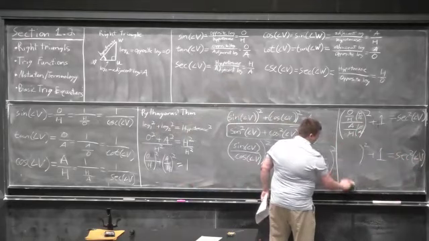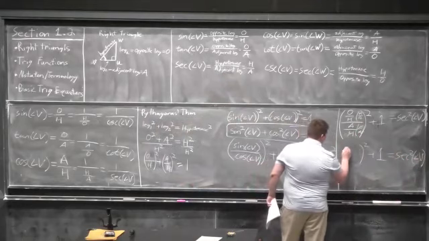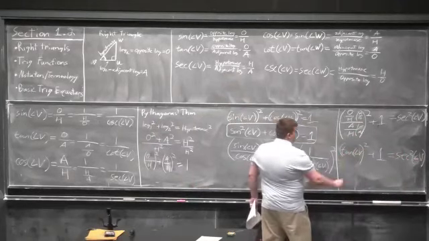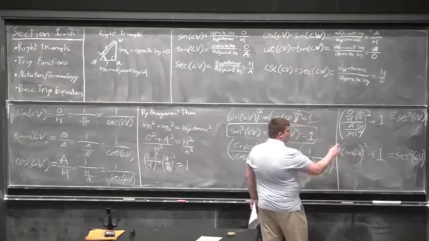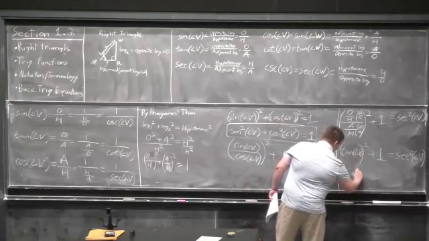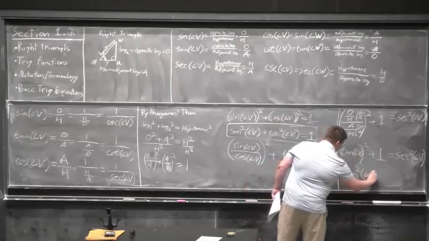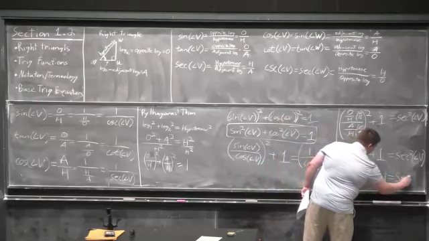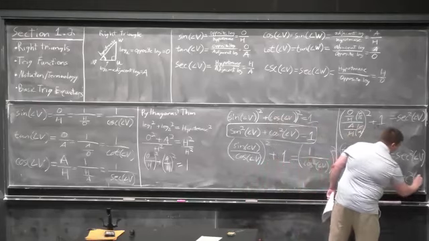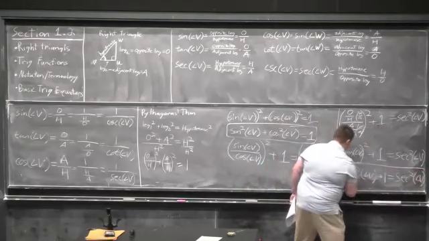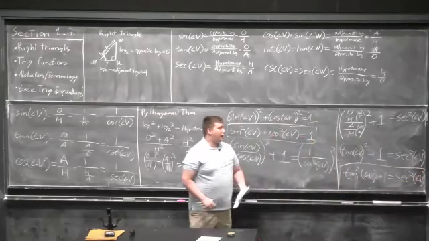So we're going to rewrite this as tangent of angle V, which by our convention of exponents, we're going to rewrite as tangent squared of angle V plus 1 is equal to secant squared of angle V. And there's a trig identity.